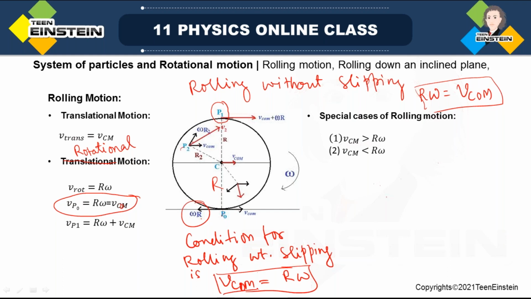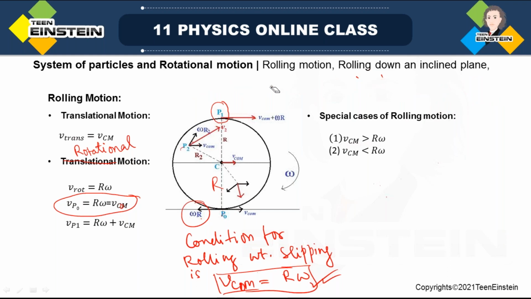This has to be satisfied. So whenever we see in a numerical problem that rolling motion is happening without slipping, we can use this condition to get a relationship between the translational motion and rotational motion. This is what we had to know here.